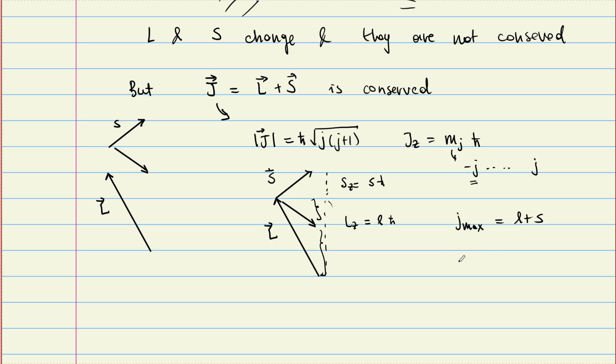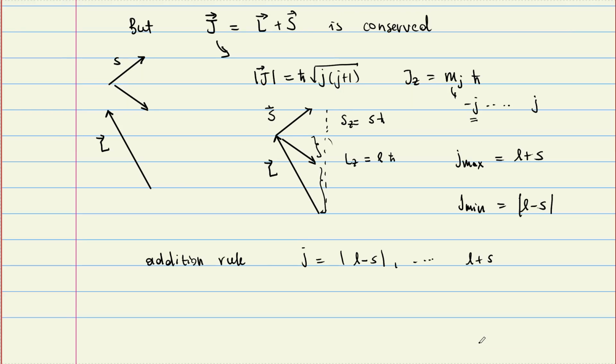So J min is going to be, in that case, L minus S. But to make sure this is positive, we sometimes put absolute value. Then the addition rule is that J can be anything from L minus S all the way up to L plus S. Since they are both positive, I don't need the absolute value.